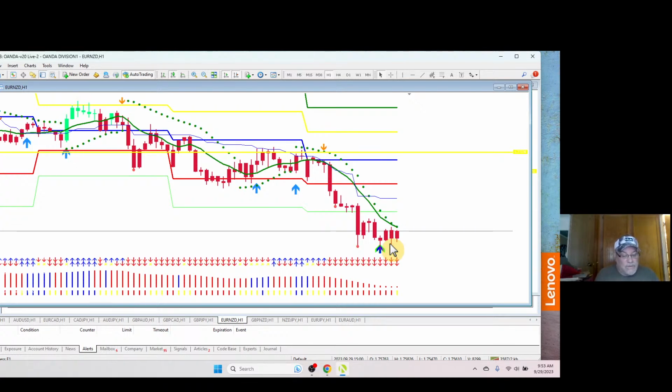And then if the Euro New Zealand does the same thing, profit target on it would be 20, and I had 20 on the other one and 15, so I'd have a profit of $35, a loss of $5, and I would be profitable $30 on the day. Not bad for a Friday.